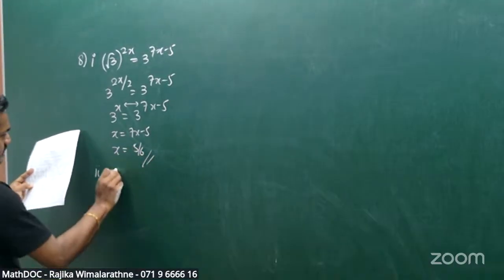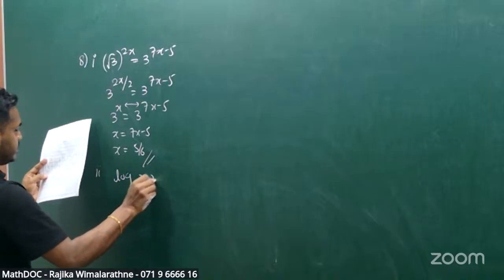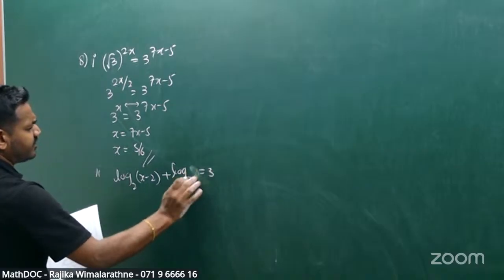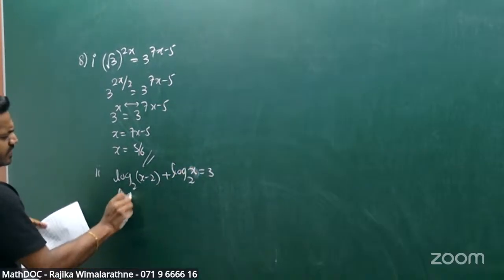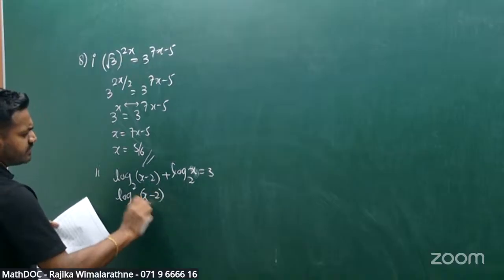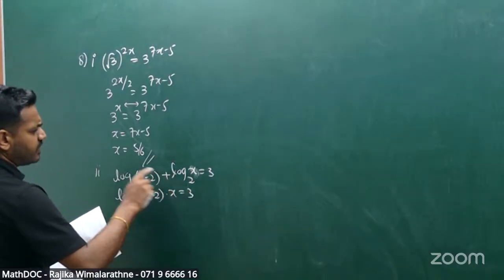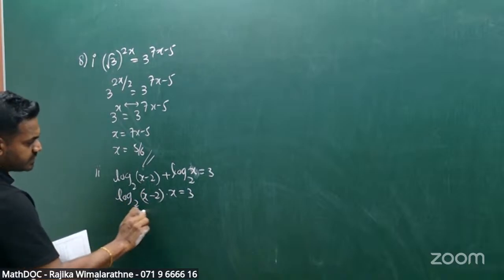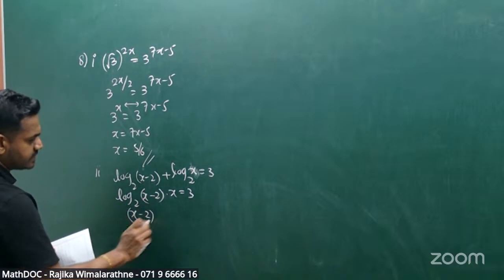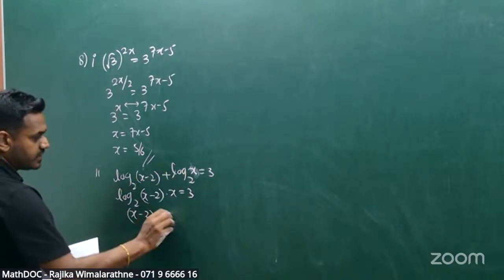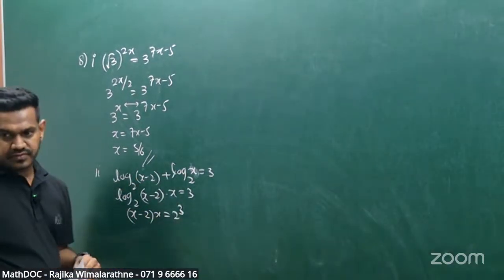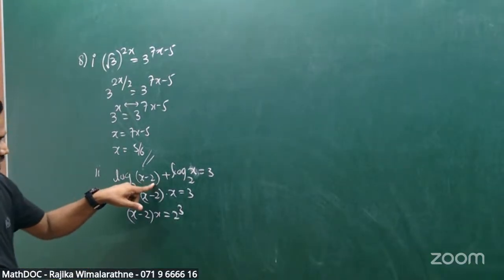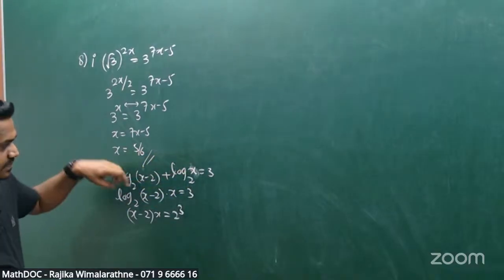Next, log 2 base x minus 2, plus log 2 base x equals 3, so log 2 base x minus 2 times x. Here log addition means product. Then by exponential form, subject x minus 2 times x equals 2 to the power 3. Fundamental logarithmic rule: log 2 base x minus 2 plus log 2 base x, write as product.